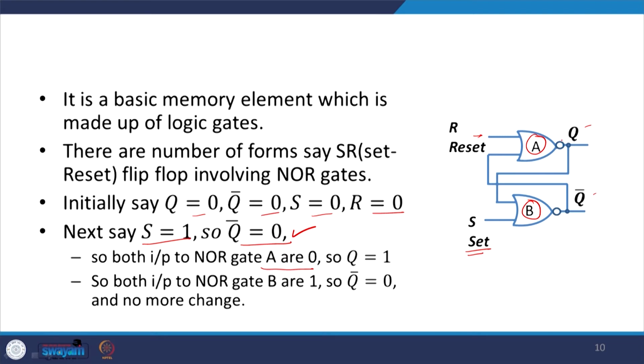So, the NOR gate A output is going to be 1. So, you have Q is equal to 1. Now, both inputs to the NOR gate B are 1, this was already 1 and now this is 1. So, the NOR gate output is going to be 0. So, you have Q bar equal to 0 and no more changes. So, there is no more change by putting S is equal to 1.